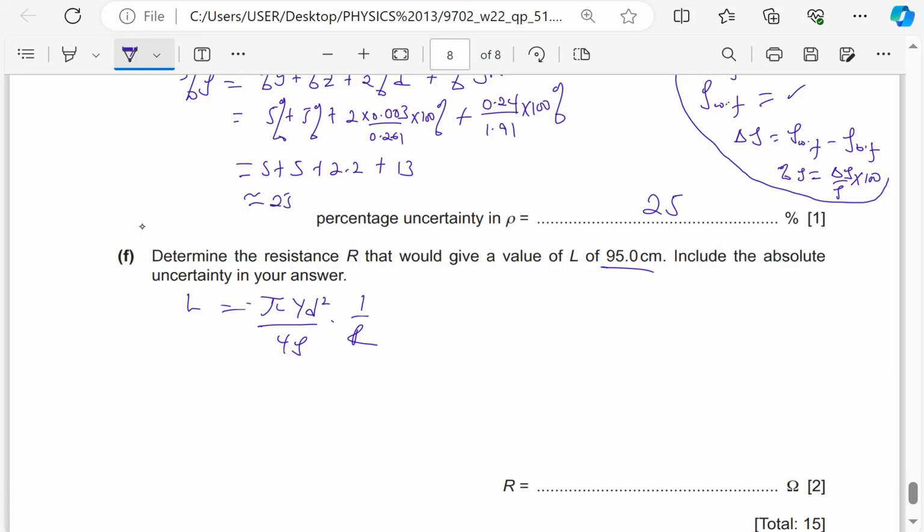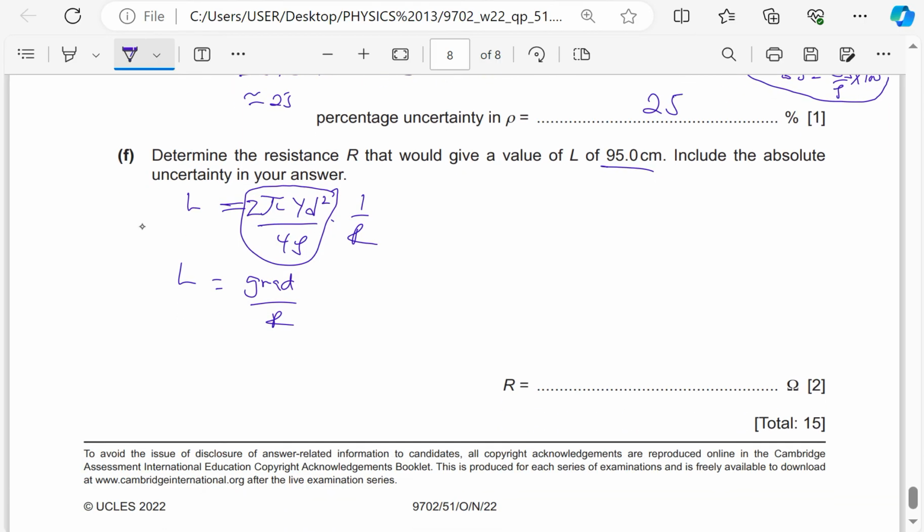There was a z somewhere here. Remember this was the gradient, and I want to find r. So if I make r the subject, L is equal to the gradient over r. So I will simply say that r will be the gradient divided by L.